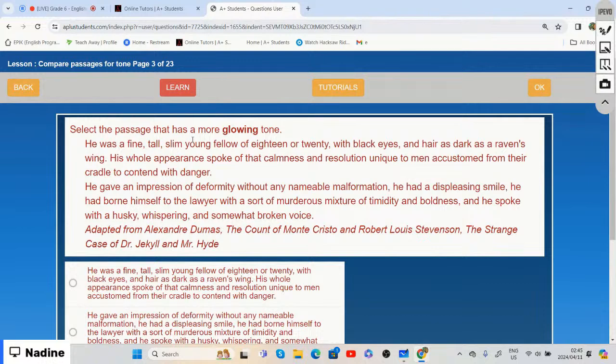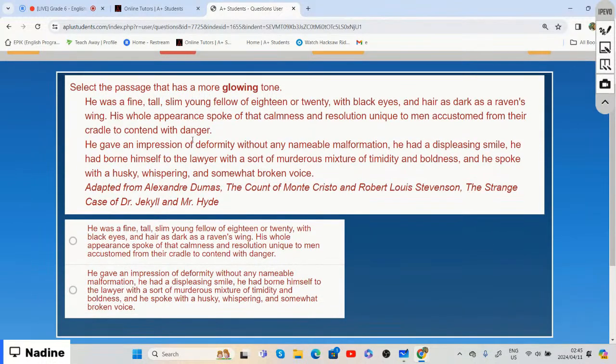All right, so we need to say which passage has a more glowing tone. Let's say he was a fine, tall, slim young fellow of 18 or 20 years old, or he gave an impression of deformity without any nameable malformation. Let's go with this one.